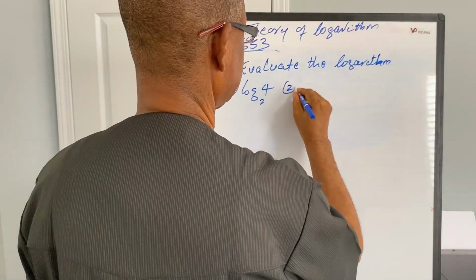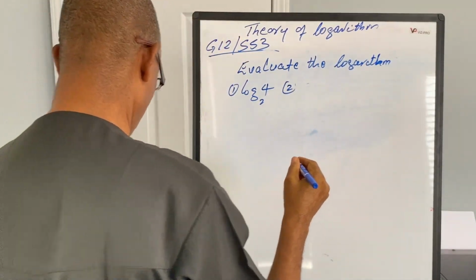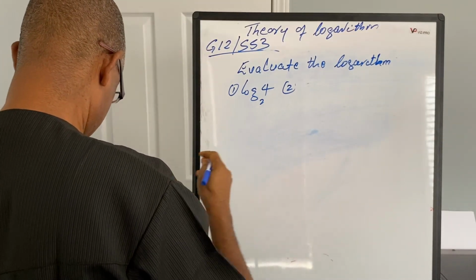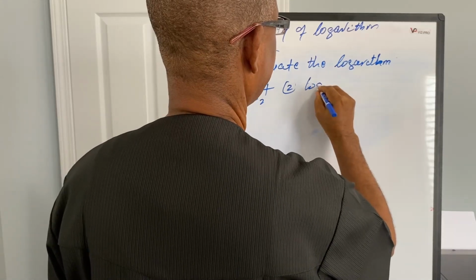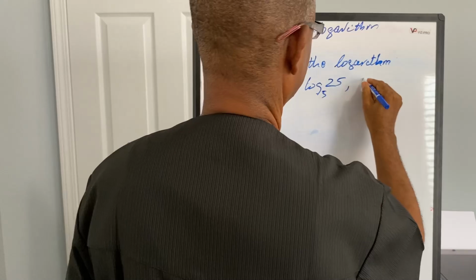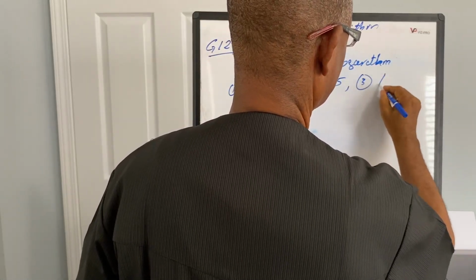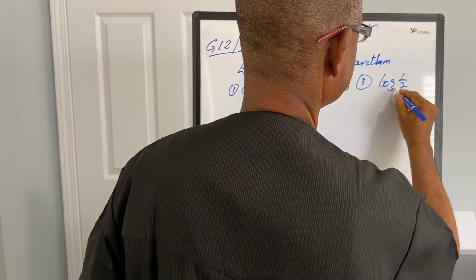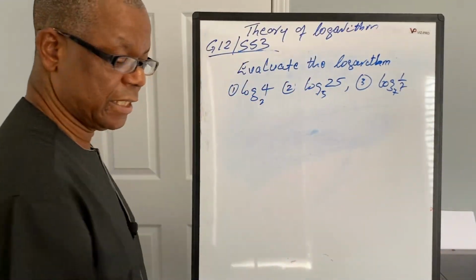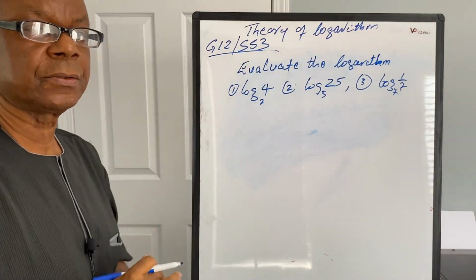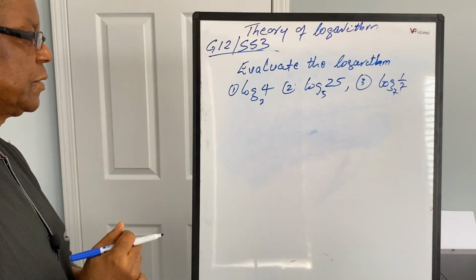Number 2, log 25 base 5. Number 3, log 1 over 7 base 7. We're expected to find the value of each of these.